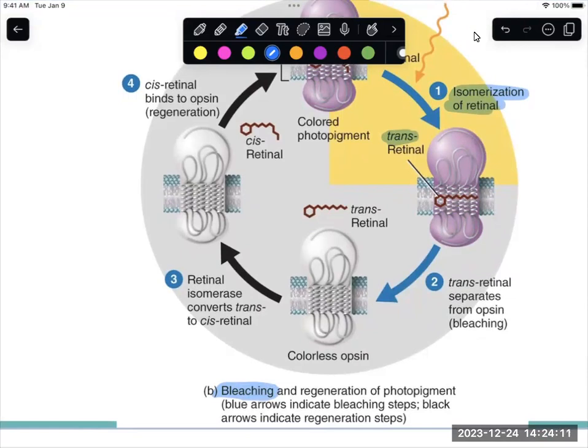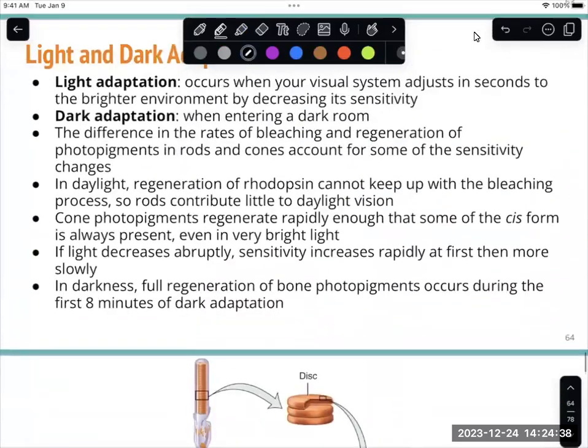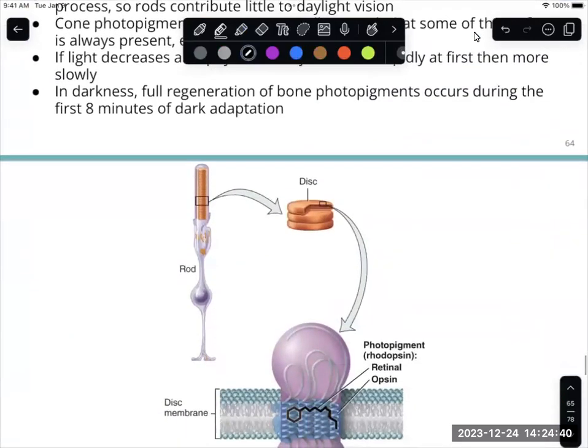So by bleaching, retinol leaves the opsin, goes from that trans straight line to that cis bent line, and comes back in and binds with that opsin again, that regeneration. That is what is happening inside of our rods.